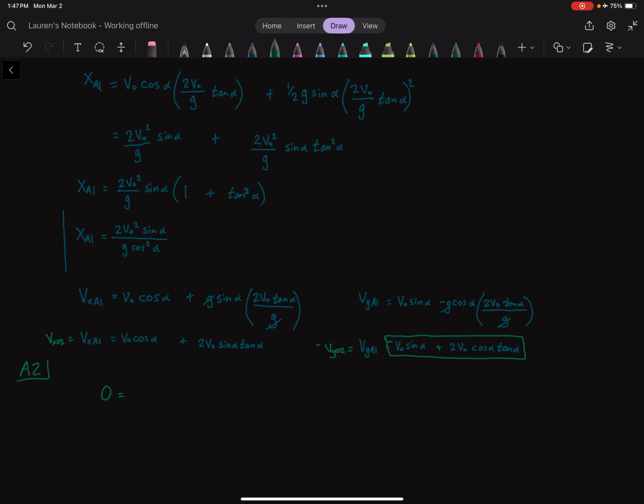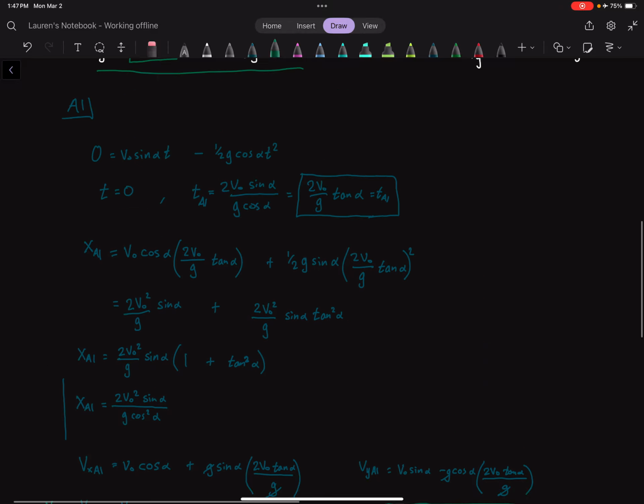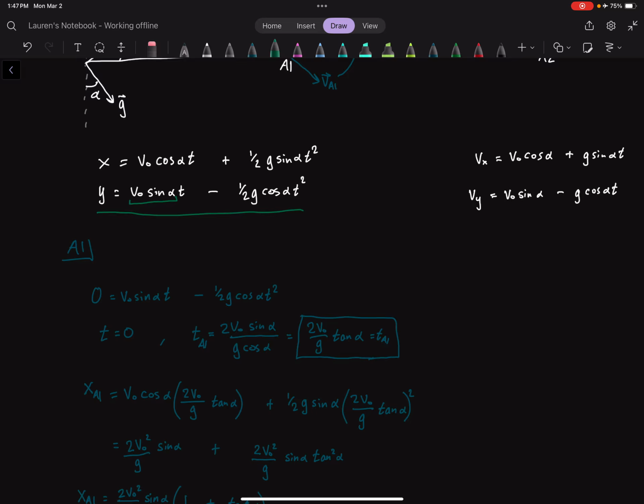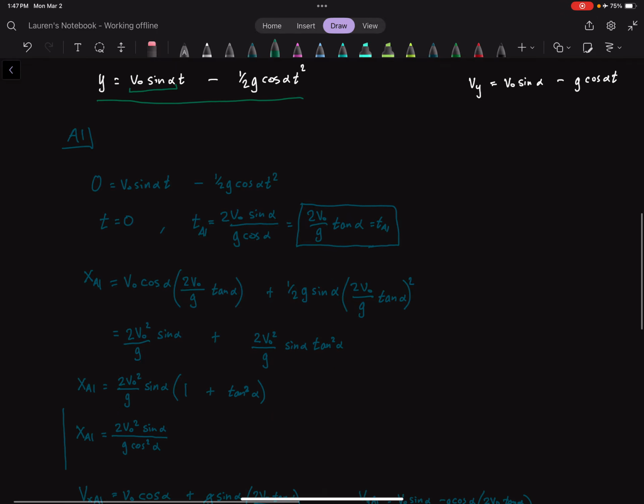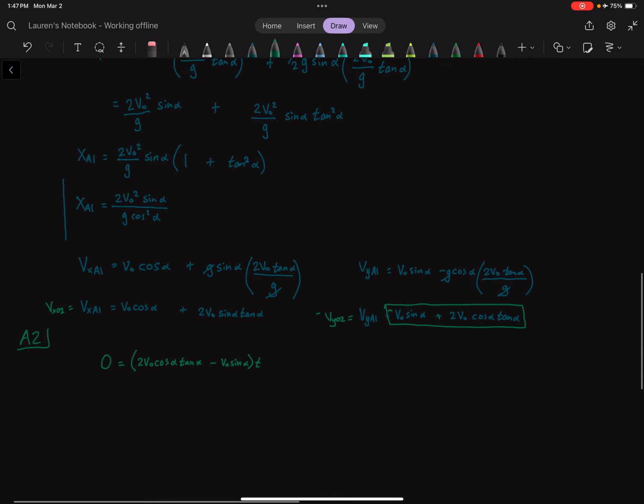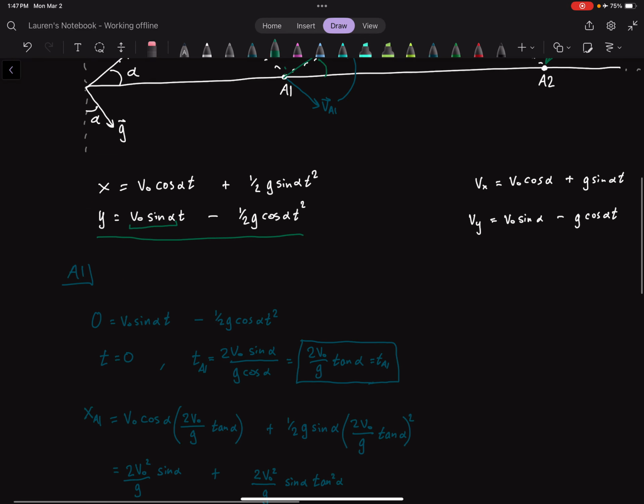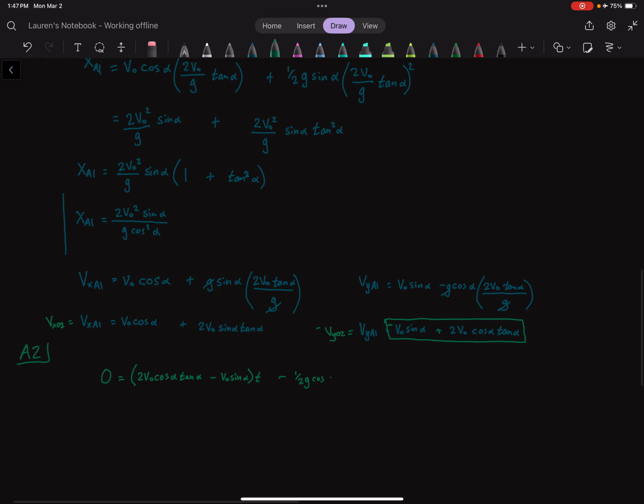So we have, I'll switch the order, 2v0 cosine alpha tangent alpha minus v naught sine alpha times t. And then we have this term that's left over here. So minus 1/2 g cosine of alpha times t squared.